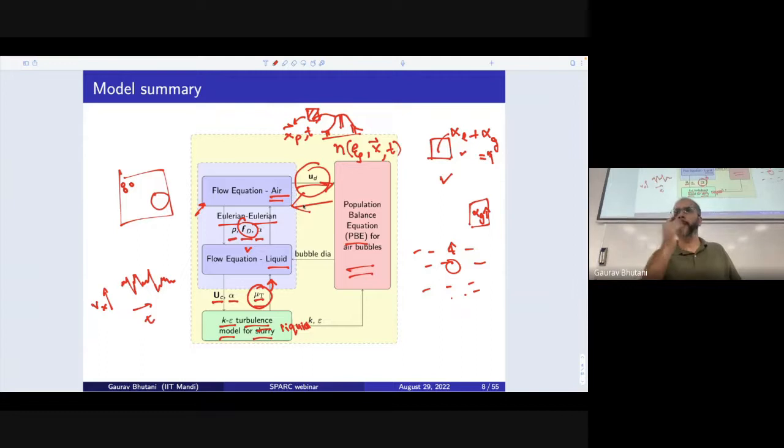Yes, please. Here the water is stagnant in this box, and the air particles are coming. How will we get this value? Particles? No, liquid. So the question is that the liquid is not flowing in and out of the column, but it is flowing inside the column. You will have some recirculation.